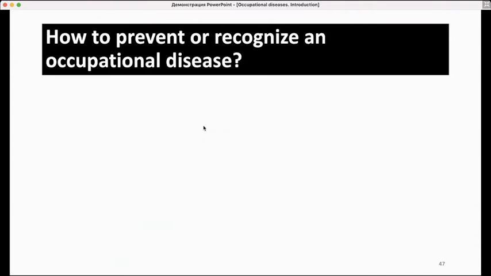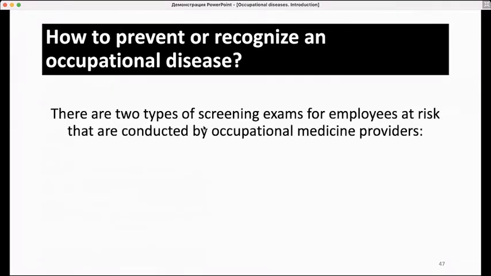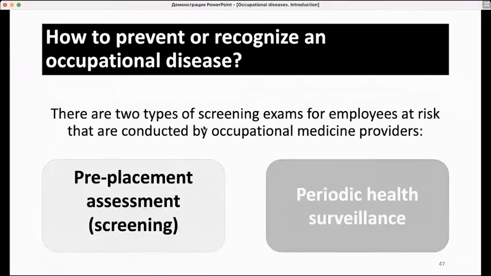We've talked about diagnosis, etiology, pathogenesis, epidemiology, some clinical picture and diagnosis. We've just talked about treatment, and now we are moving on to prevention issues. How to prevent or recognize an occupational disease?